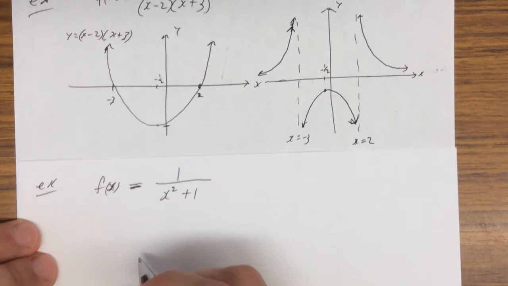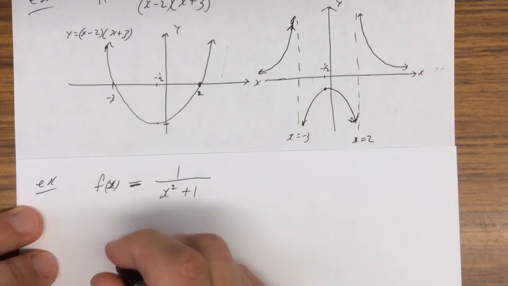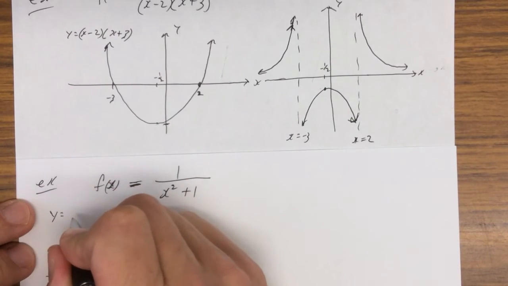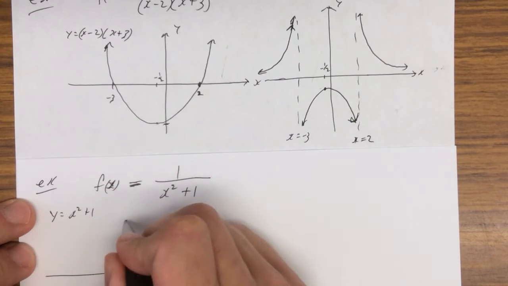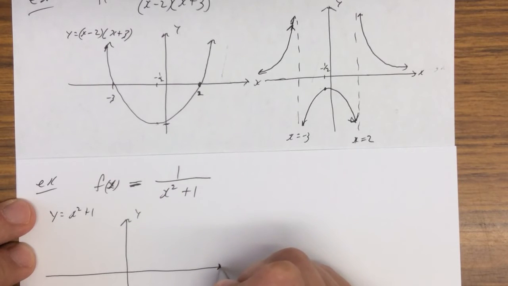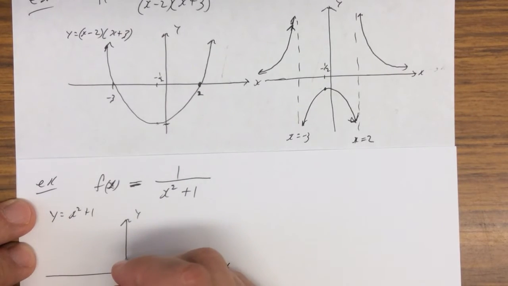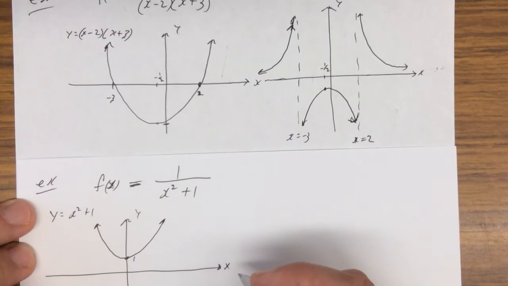Okay, so let's take a look at what this graph looks like. Well, y equals x squared plus 1 is just x squared shifted up 1. So there's 1, and then it looks like that.